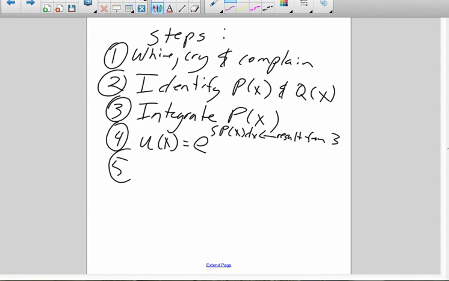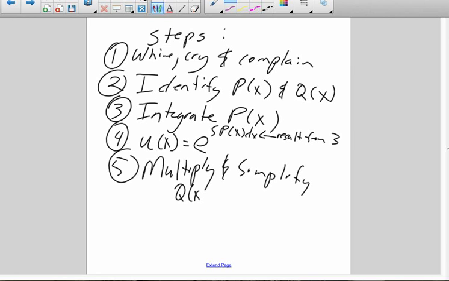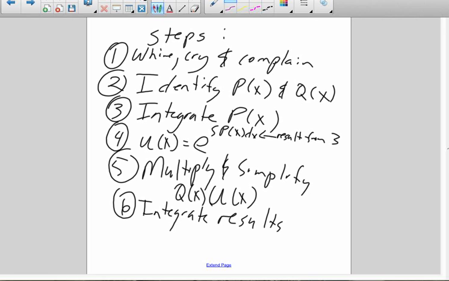All right, once you've done that, then multiply and simplify q of x times this integrating factor u of x. Then you integrate the results from step 5.